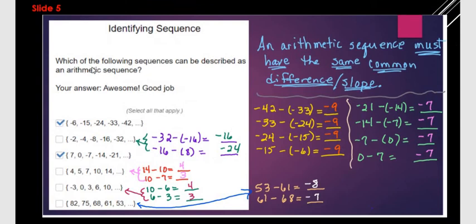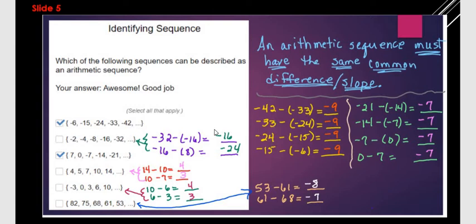On slide number 5, which of the following sequences can be described as an arithmetic sequence? So when I look at this right here, I'm going to start at the back and go backwards. And I've already worked these out for you. Negative 42 minus negative 33 gives you an answer of negative 9. And we're going backwards. Negative 33 minus negative 29 gives you a common difference of negative 9.